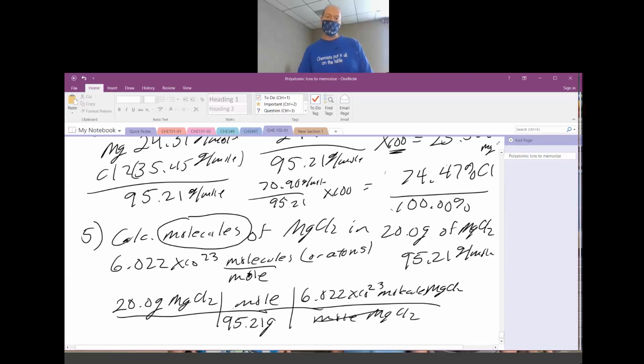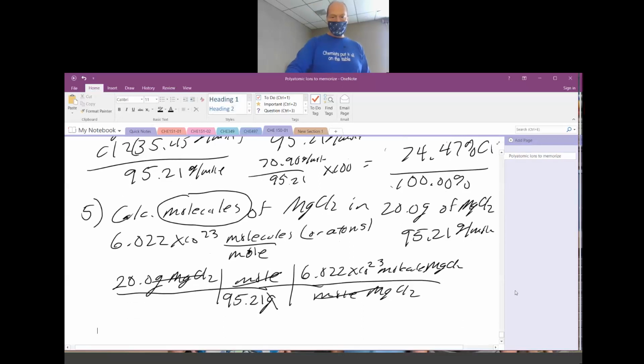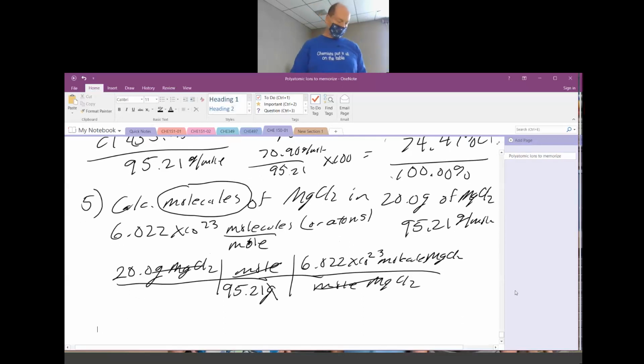The moles of MgCl2 cancel, and the grams of MgCl2 cancel. When you push the buttons on your calculator, 20.0 divided by 95.21 times 6.022 times 10 to the 23rd gives you 1.26 times 10 to the 23rd.